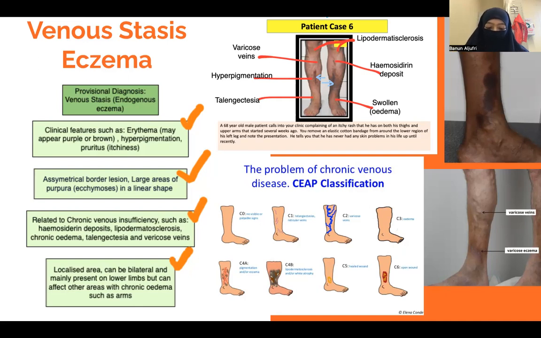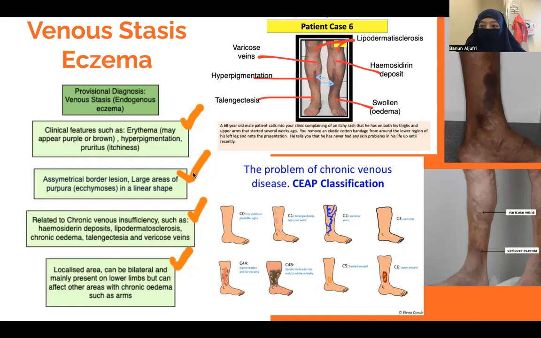The clinical features of venous eczema are consistent with the patient description and photograph that are shown, such as erythema that may appear purple or brown, hyperpigmentation, pruritus, itchiness, which is the characteristic of eczema, asymmetrical border lesion, large areas of purpura in a linear shape, related to chronic venous insufficiency, such as hemosiderin deposits, lipodermatosclerosis, chronic edema, telangiectasia, and varicose veins, which we can definitely see on his foot and on his legs.